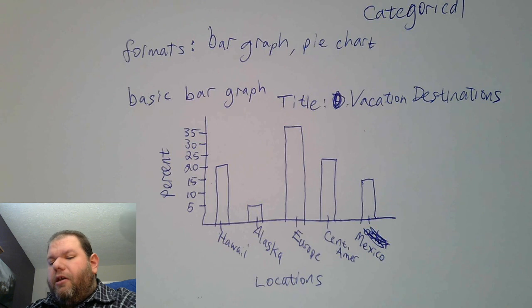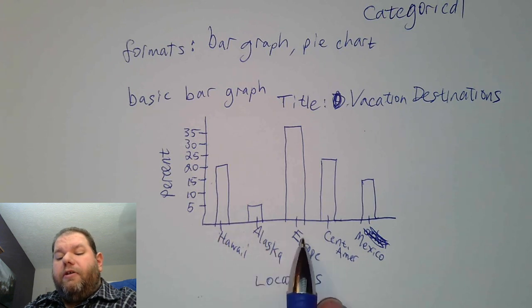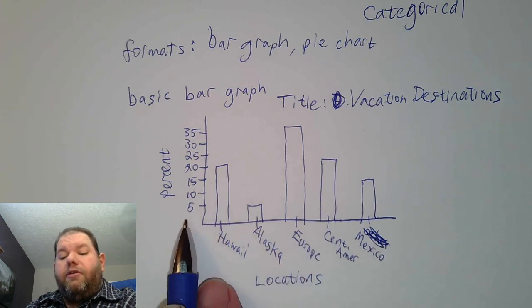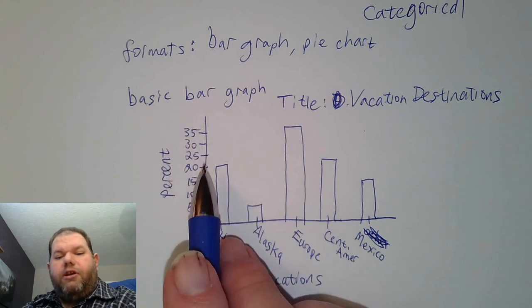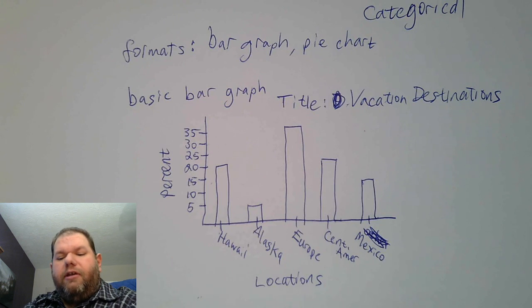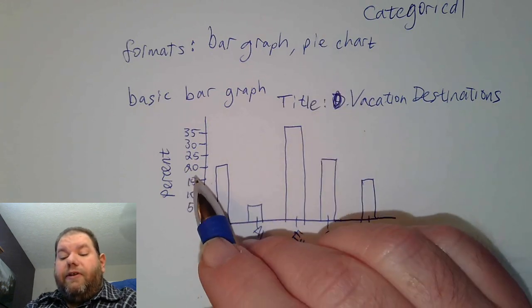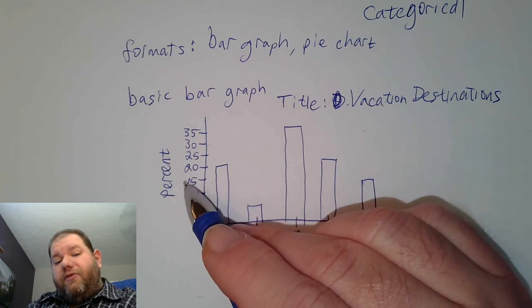So we wanted to make sure we labeled the 2 axes. We made sure to label the different outcomes here, and then on the other axis, either how many or what percentage. It could go either way. If we just said maybe we had 30 people in this poll, and 6 of them chose Hawaii, that represents 20%, so we could use 20%, or we could use 6.